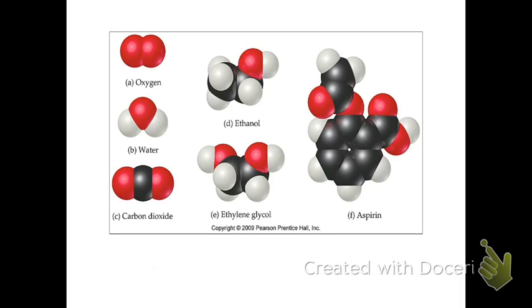Okay, so let's look at this a little bit closer. We have oxygen, and oxygen is made up of 2 elements of oxygen, so the chemical formula for oxygen would be O2. Water is made up of 2 elements of hydrogen and 1 element of oxygen, so it has a formula of H2O.